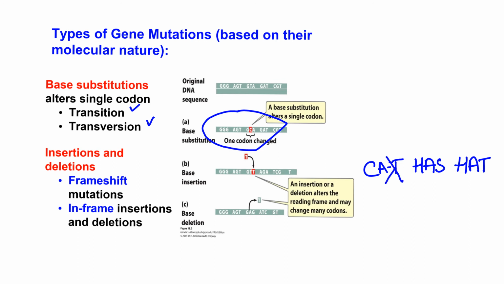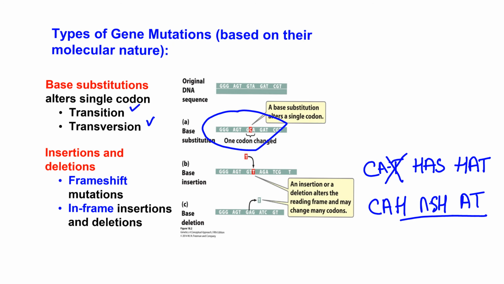Let's say you delete T and you restore reading in 3. You know, the genetic code is in triplets. So what will it be now? Cha, sha, t, which doesn't make any sense. You can see here, this is what happens when you insert or delete one or two nucleotides.